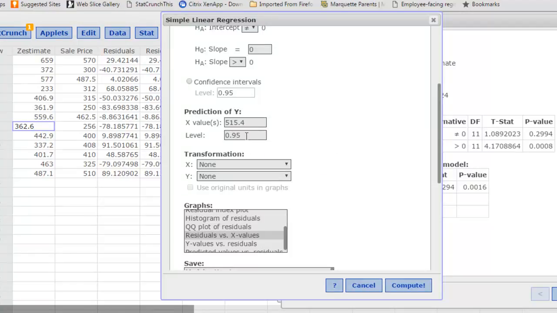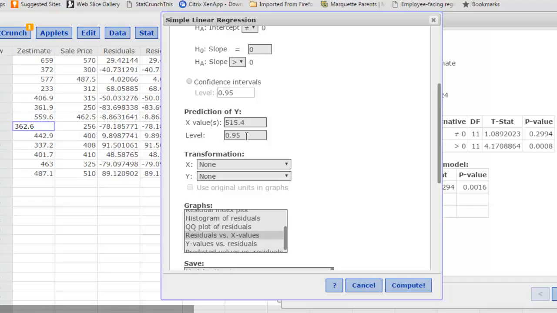Remember, we can make two kinds of predictions here. We can make predictions for the mean price of all homes, where this estimate is 515,000, or we can make predictions for the sale price of a specific home. When we make predictions, we can build intervals around those predictions. There are two types of intervals that we can construct.